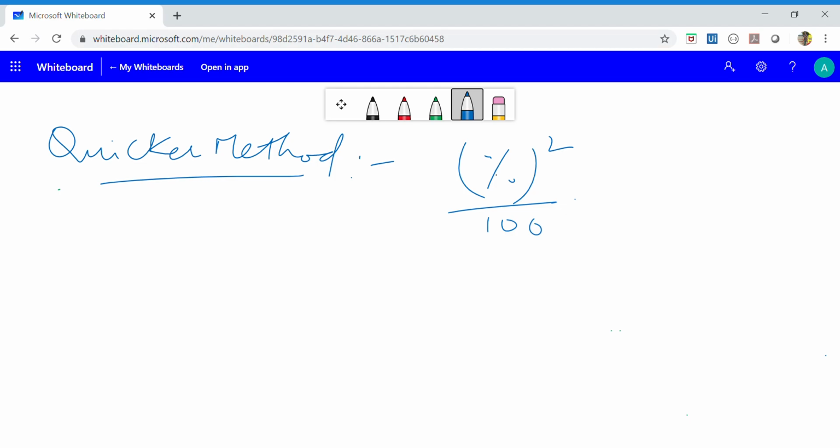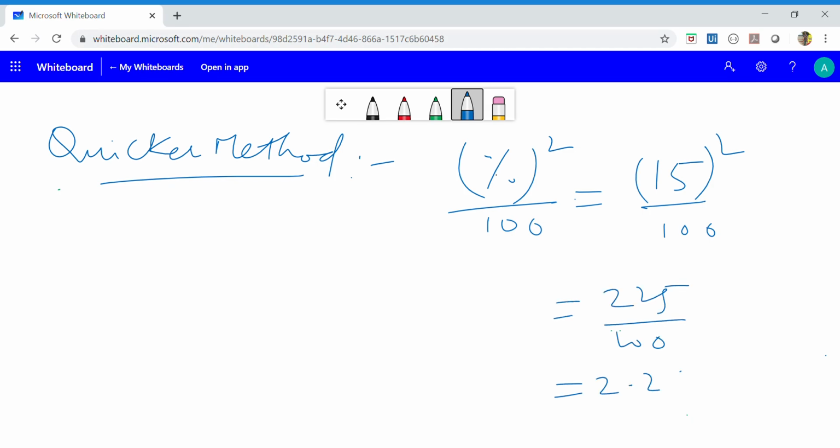So 15 whole square by 100 is 225 by 100, which is 2.25%. That is the percentage of decrease.